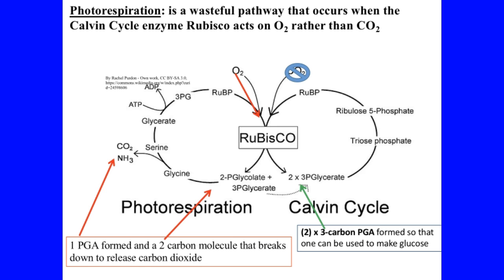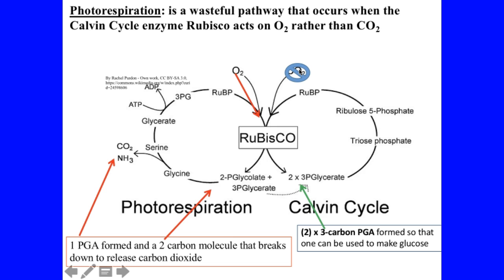You will want to know the actual definition of photorespiration. It's a wasteful pathway, which you can see on this side right here, that occurs when the Calvin cycle enzyme rubisco that we just talked about acts on oxygen rather than carbon dioxide. Why does this occur, or what's actually happening here? In all reality, rubisco is a lot more attracted to oxygen than it is to carbon dioxide.